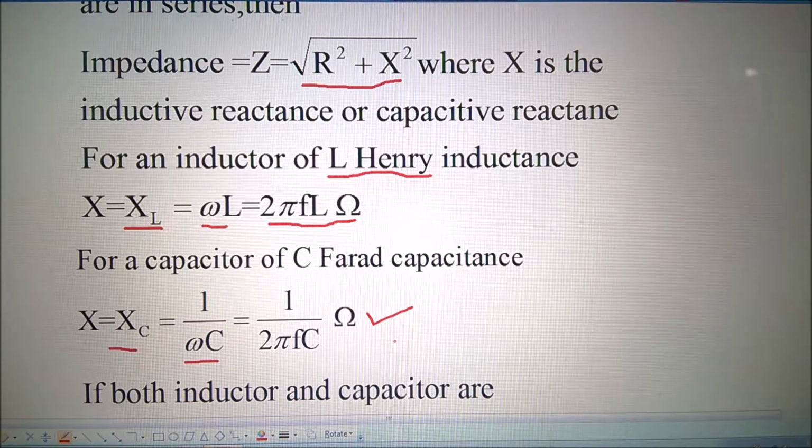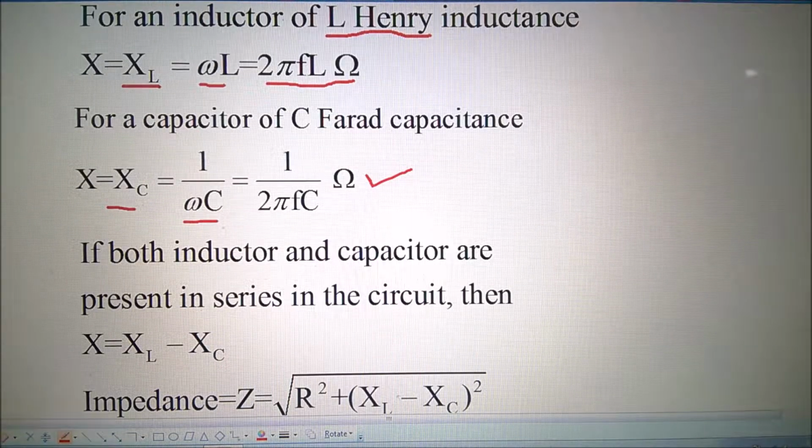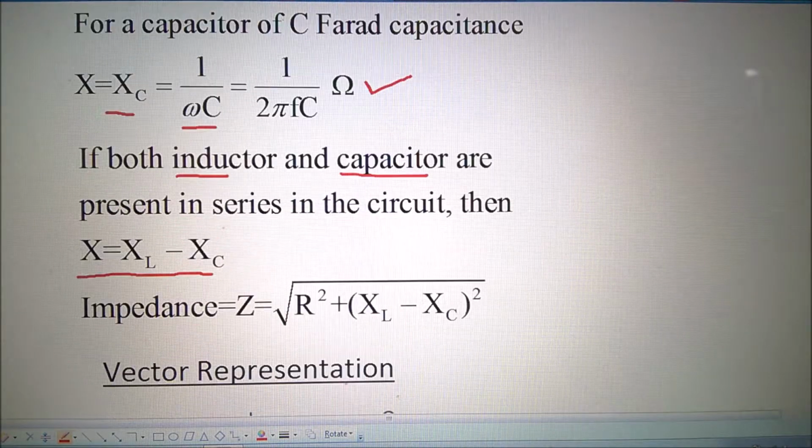Now if both an inductor and a capacitor are present in the circuit along with the resistance, then X will be XL minus XC, and if we replace X with that, then we can find the impedance.